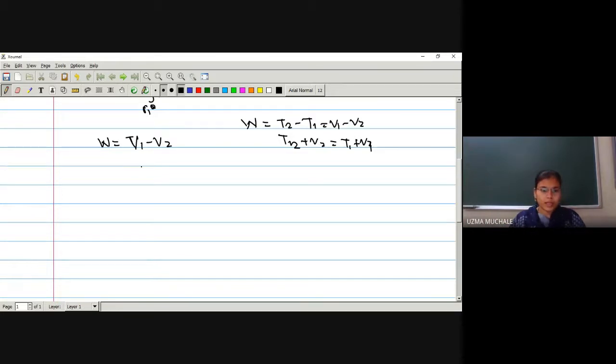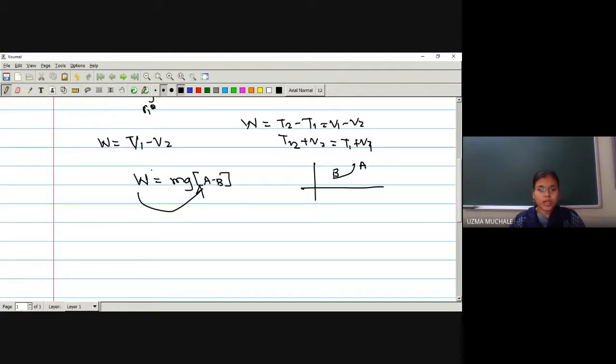And we showed one theorem with the help of work done. In the case of gravitational force, work done is written as mass into gravitational acceleration into (a minus b). What is this formula we derived? A particle is falling under the influence of gravity from position a to b, right? So work done depends upon the end points a and b, it does not depend on the path followed by the particle.